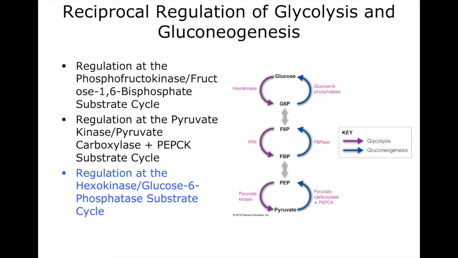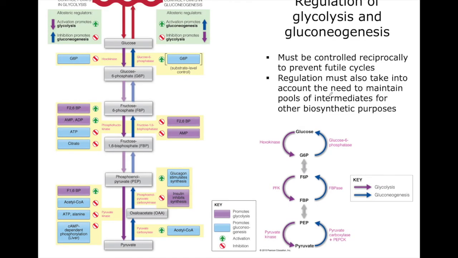So that brings us to our last point of regulation, which is here where we have hexokinase and glucose 6-phosphatase. So let's look at the regulation of these. If we look up here, here is glucose being converted to glucose 6-phosphate and vice versa in gluconeogenesis. And the regulation is pretty simple.